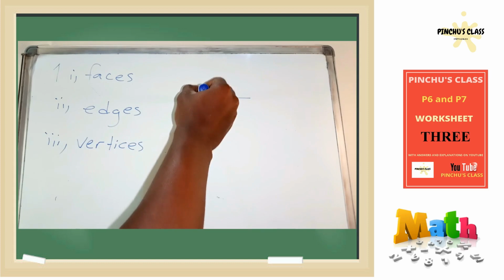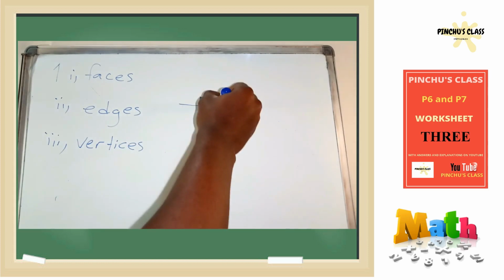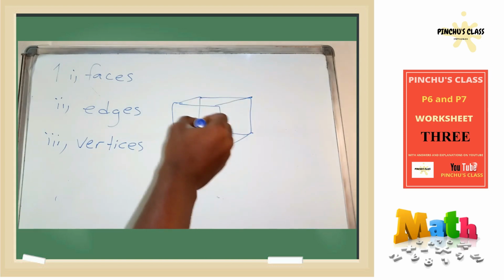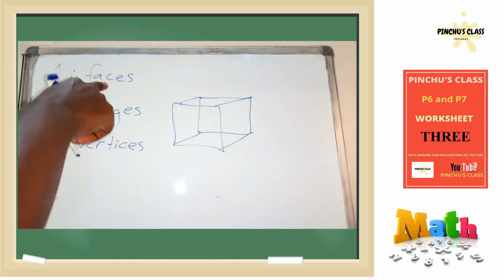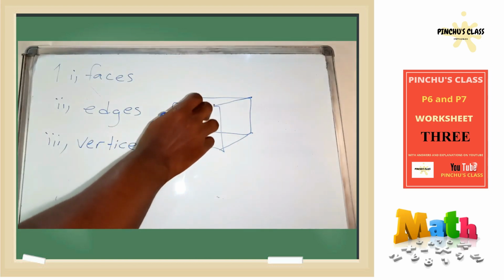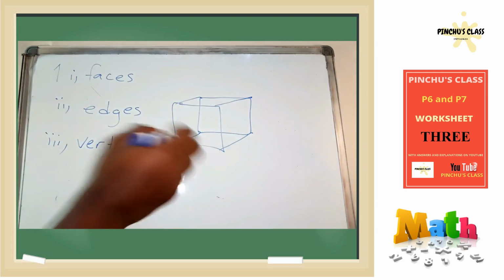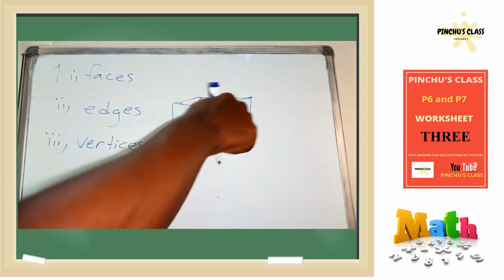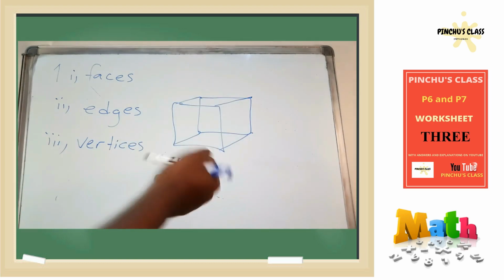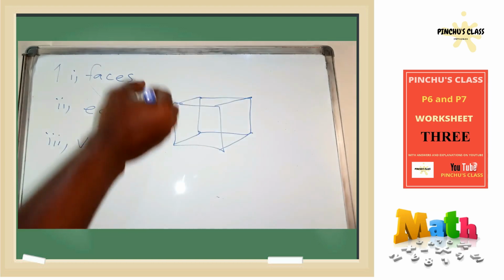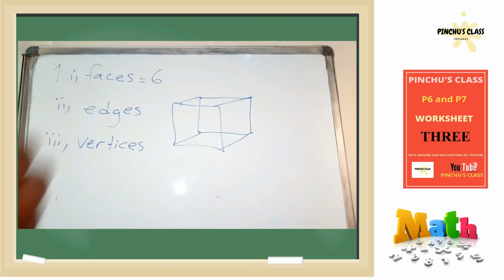So we have something like this. Now, when they say the faces, these parts which are large, these ones, are known as the faces. So we are going to count 1 face, 2 faces, 3 faces, 4 faces, 5 faces, and 6 faces. So there are 6 faces.